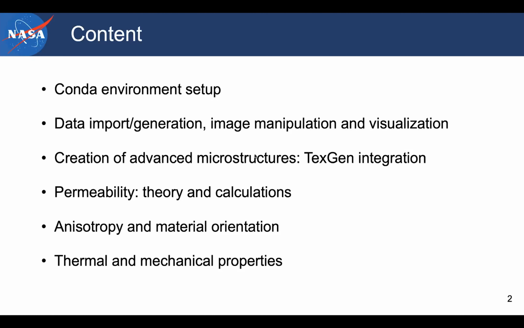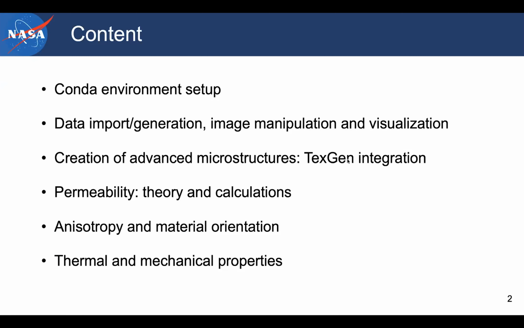So I'll start with just some brief setup instructions, and then I'll jump into some of the domain manipulation in Python. And then following this, there will be a section about material generation. And especially here, I will talk about an integration that we've been working on between the PuMA software and TechGen.